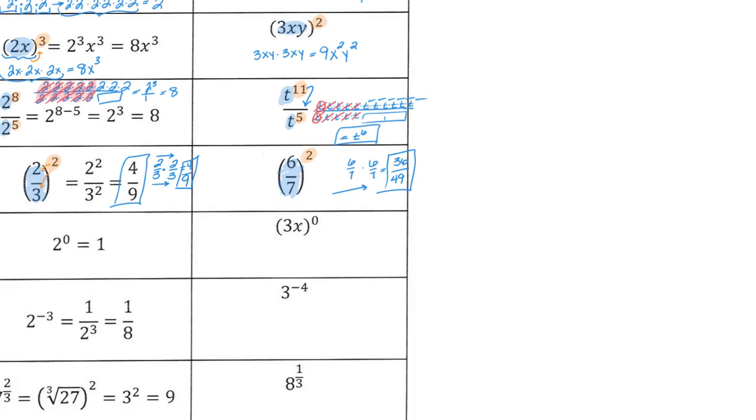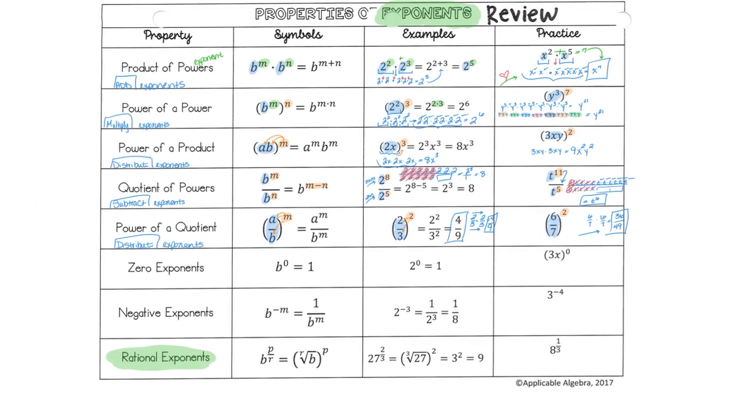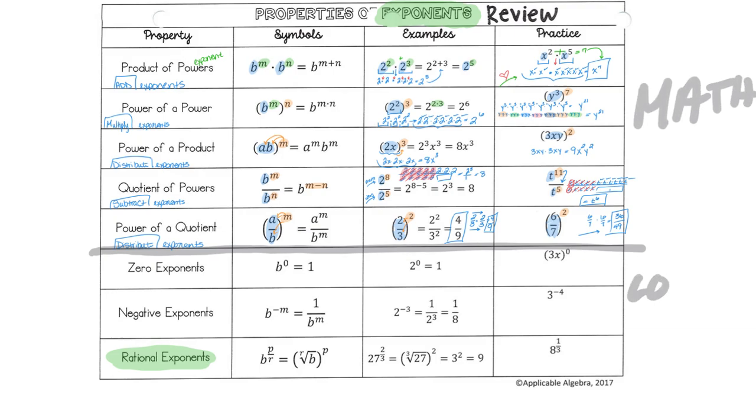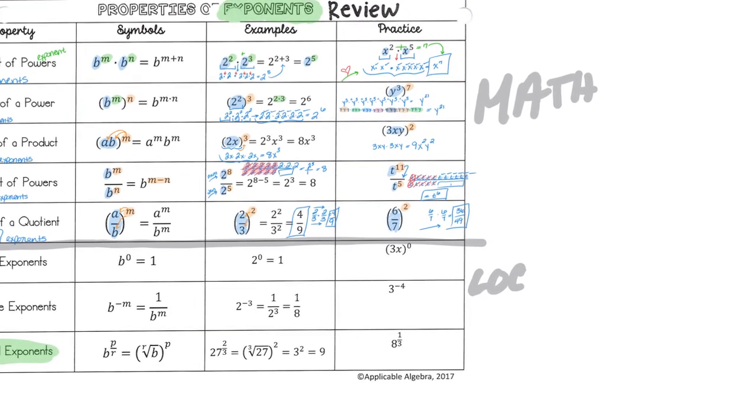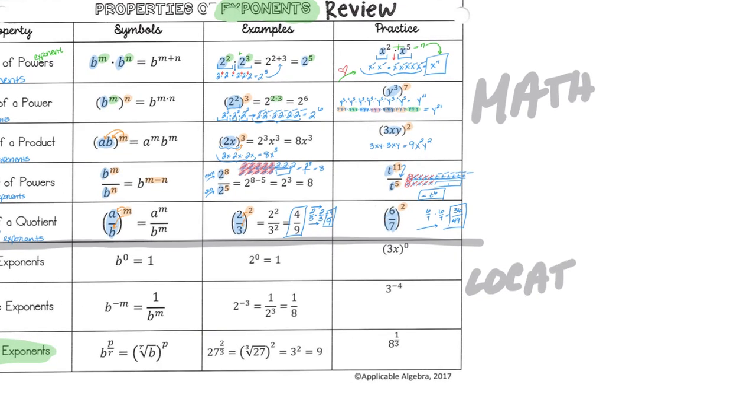So these first 1, 2, 3, 4, 5 rules up to this point are all mathy things. So the top half is math. The bottom half is what I call location. There's no math, it's just that things get moved around.